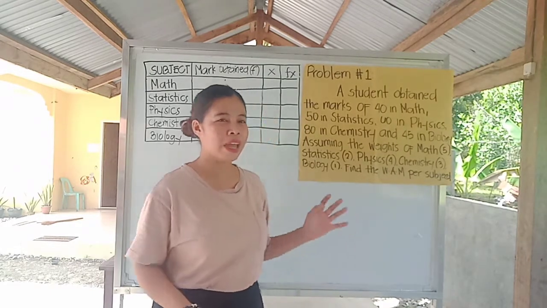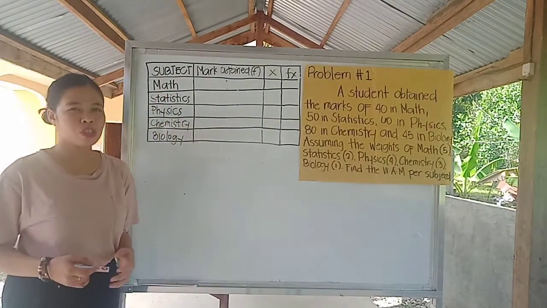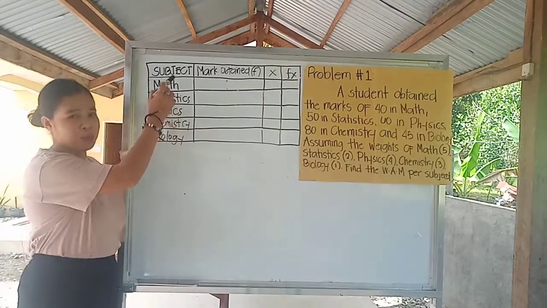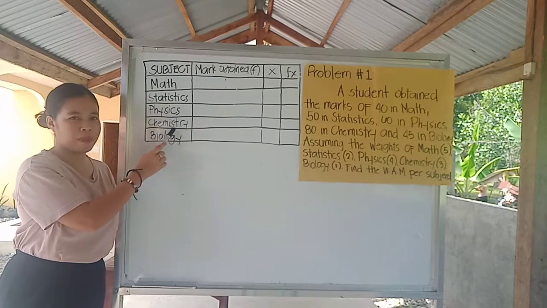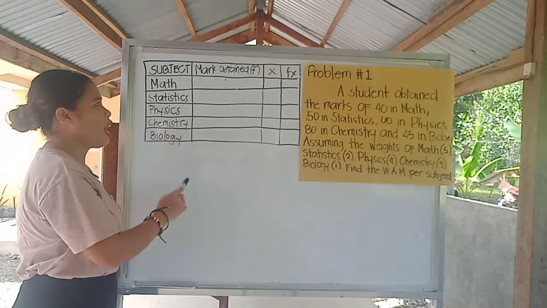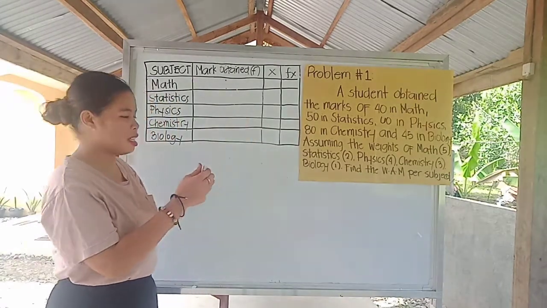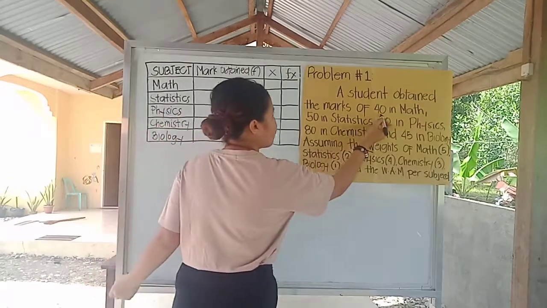I make some table here that represents our data for us to really understand this problem. So, the subjects are math, statistics, physics, chemistry, and biology. The mark obtained, or the f, which is the sum of the respondents: the mark obtained in math is 40.